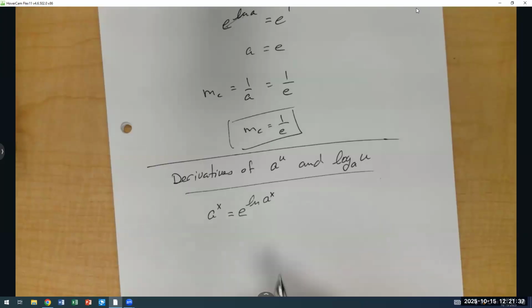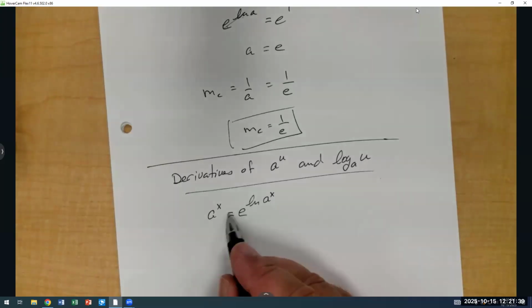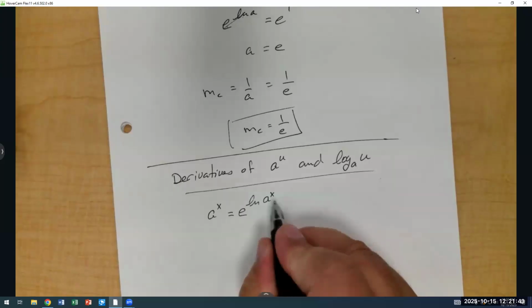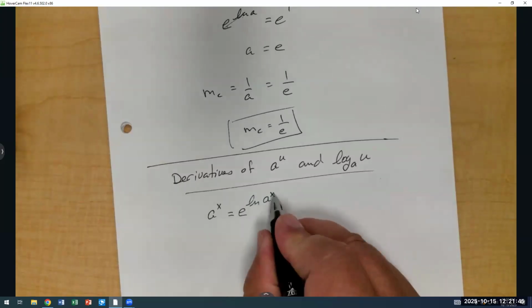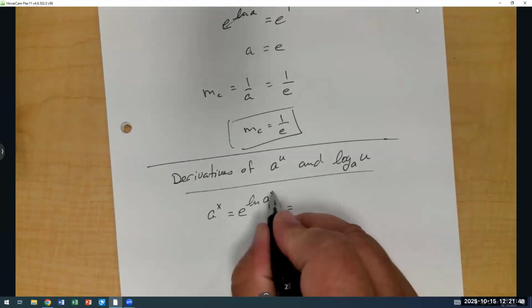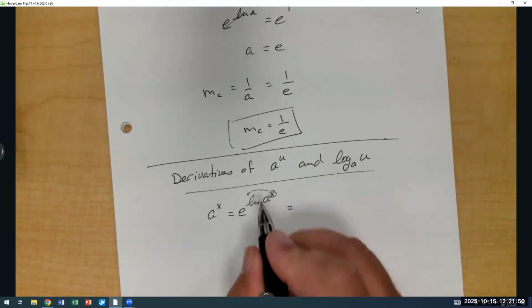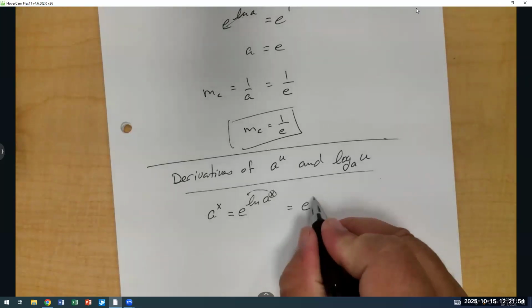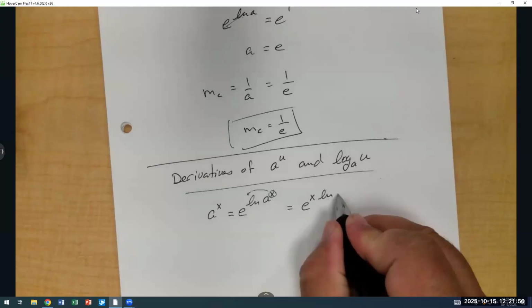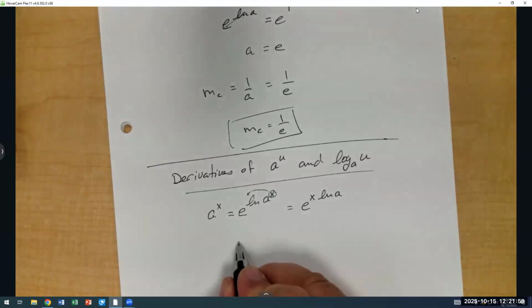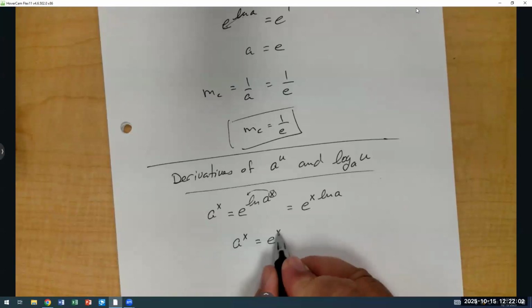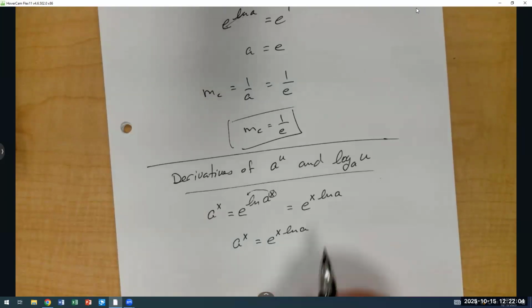True? Because the e and the ln cancel, so we have a^x equals a^x. Now, since this is an exponent to an exponent, this exponent comes out in front. So that's e to the power x ln a. So a to the power x is the same thing as e^(x ln a).